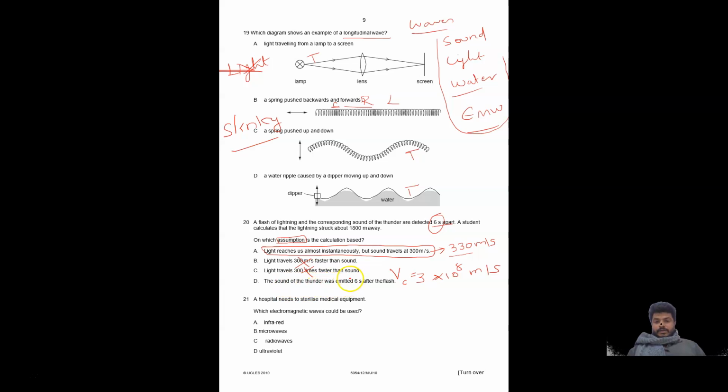So it is not the right answer, because the lightning and the sound are produced at the same time. Since the speed of sound is very small, it takes more time to reach. Okay, is that clear, students?